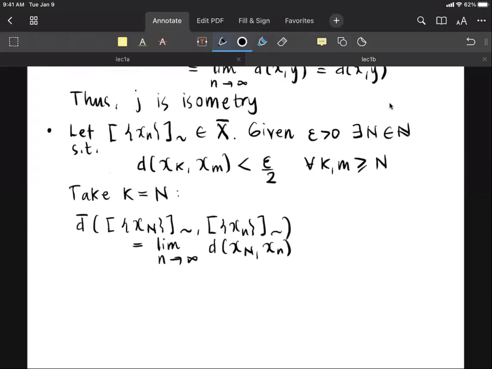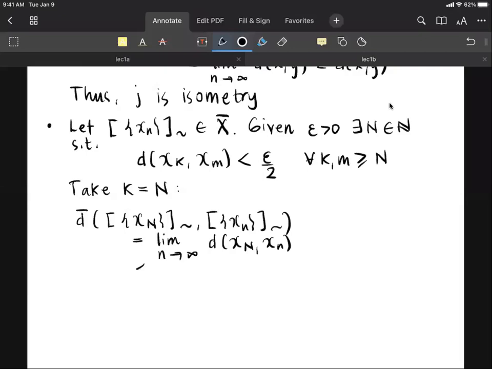And this is less than or equal to the limit superior as m goes to infinity of the distance of x sub capital N and x sub m.